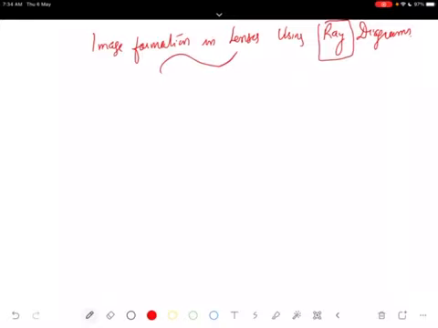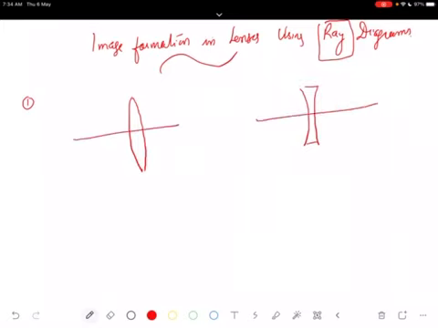There are so many light rays coming from the object. So what are the rays to be considered? First one, convex lens, concave lens, principal axis: a ray parallel to the principal axis after refraction passes through the focus.